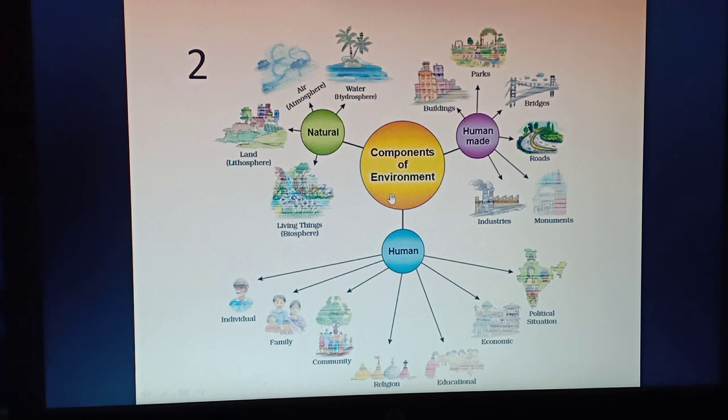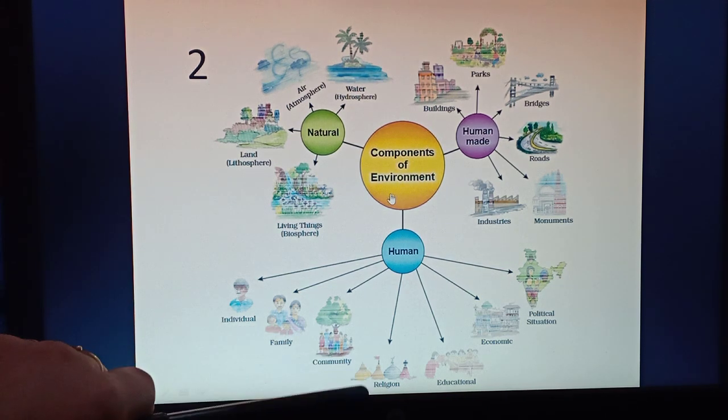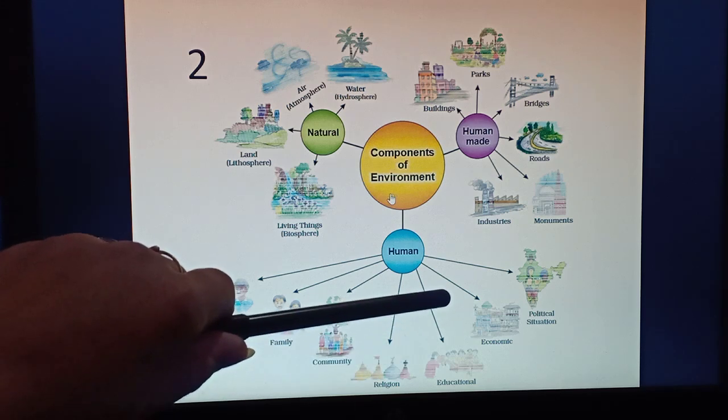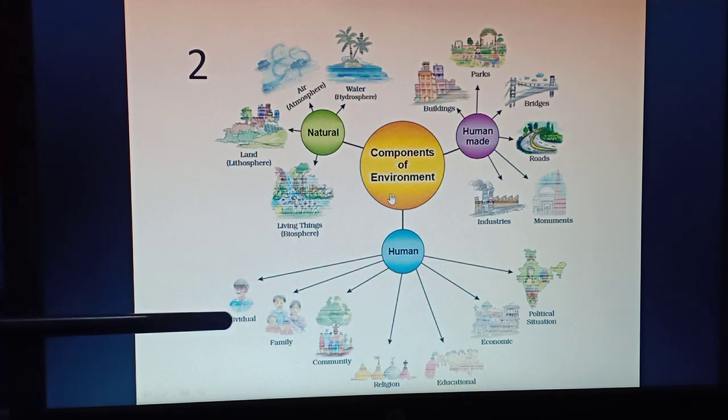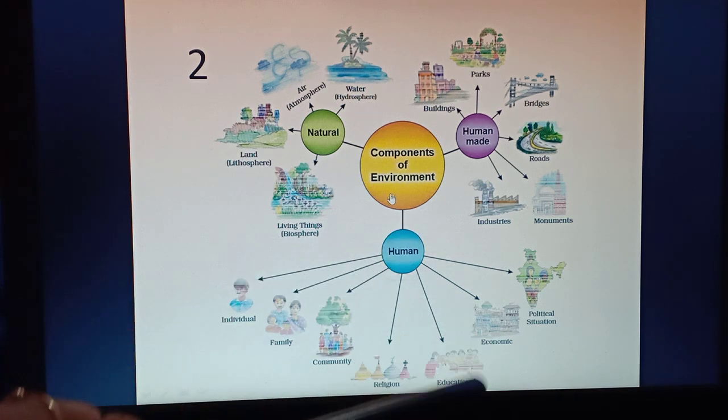Repeating again, infrastructure created by humans comes in which category? The human-made category. Now coming to the human category, that is everything individual: family, community, religion, education, economic and political situation, all the groups and organizations which exist are related to the human category.